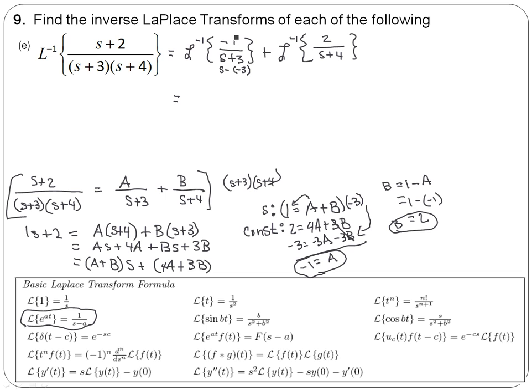For the inverse Laplace, you can bring the negative 1 out, and you get negative 1 times the inverse Laplace of 1 over s minus a negative 3, which is e to the negative 3t, plus. On the second inverse Laplace, you can bring the 2 out and multiply by the inverse Laplace of 1 over s plus 4, which is e to the negative 4t.